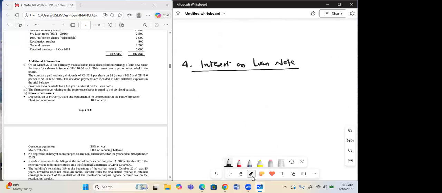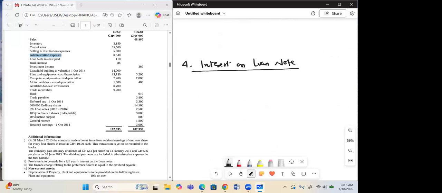What was the condition attached to it? 8% loan. Can you see 8% loan here? Yes, sir. And that's 2,500. So if you are providing for a full year interest, 8% of 2,500. How much is that?